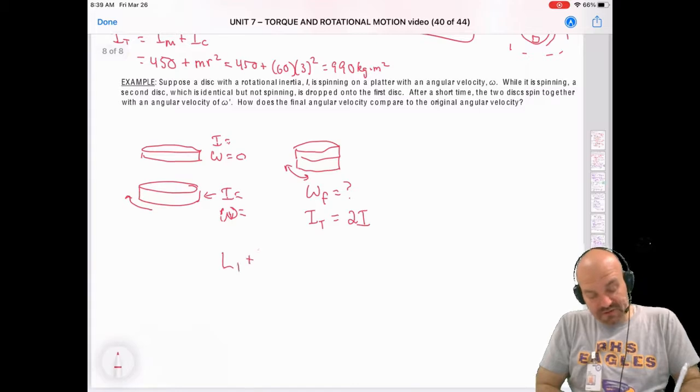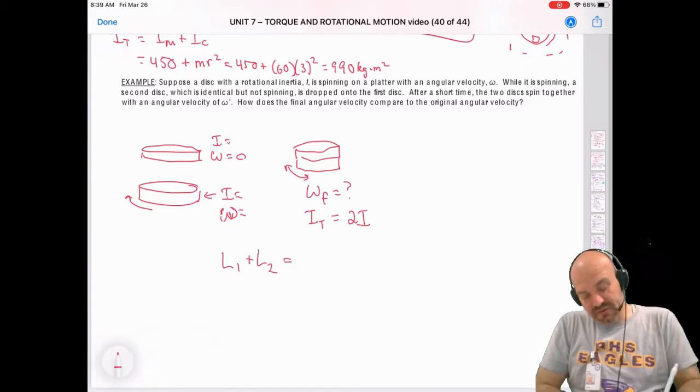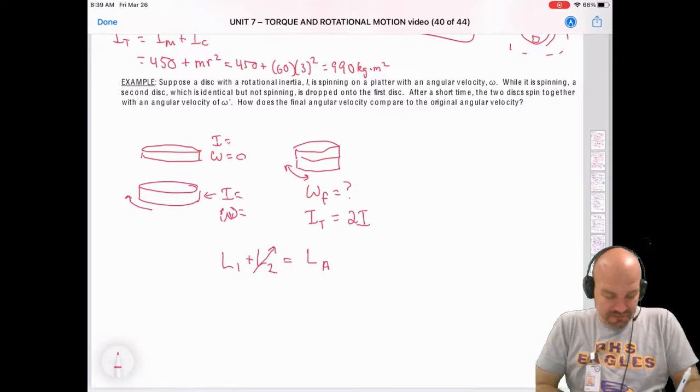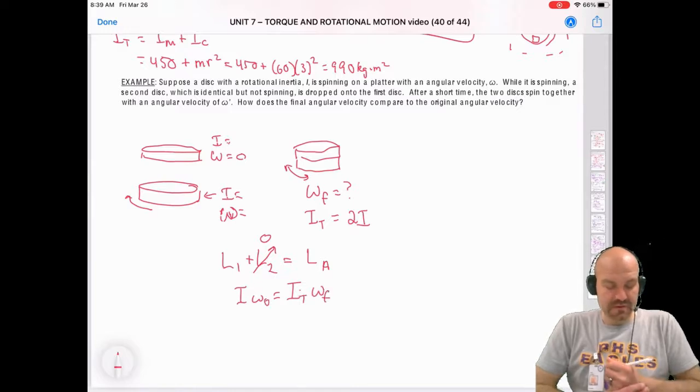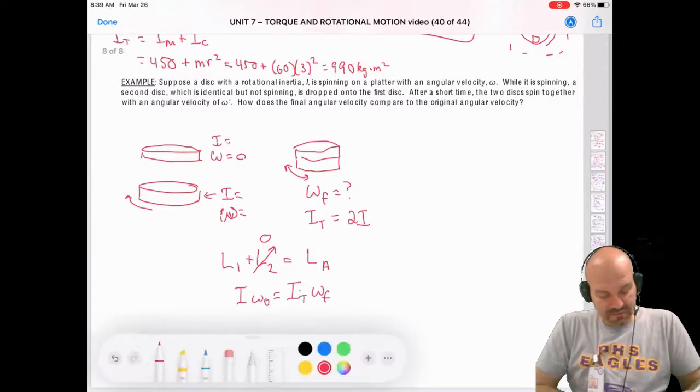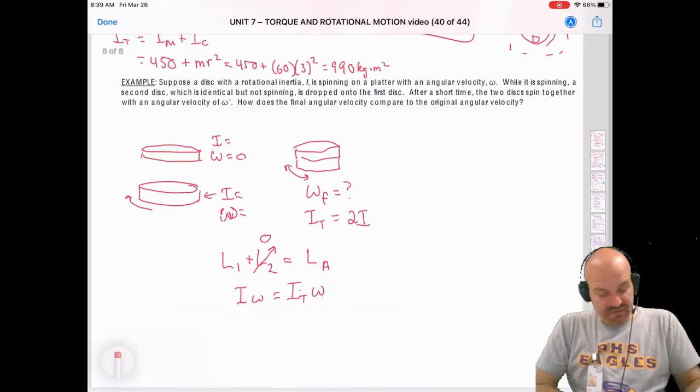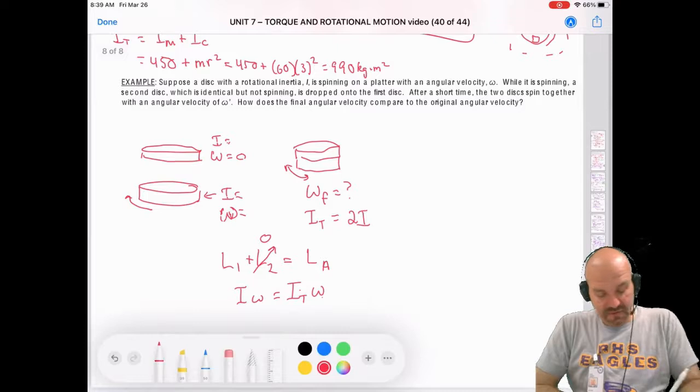So L of disk one plus L of disk two equals L after, right? But L of disk two is 0. And so you say I omega equals I total omega final. In fact, they call it not omega f, but omega prime.